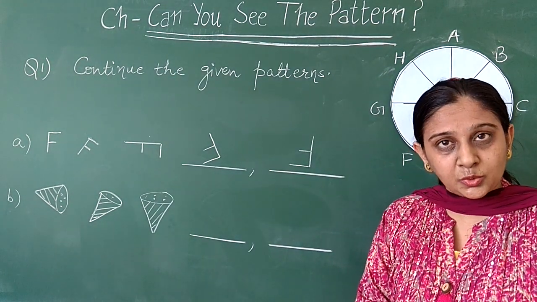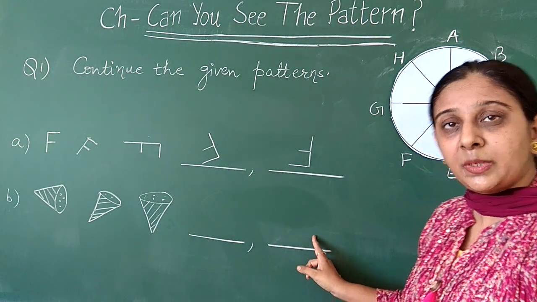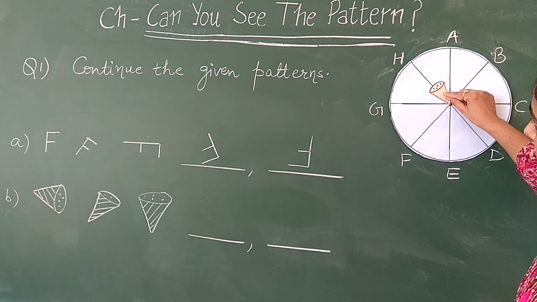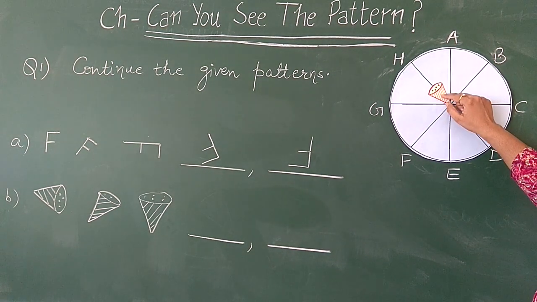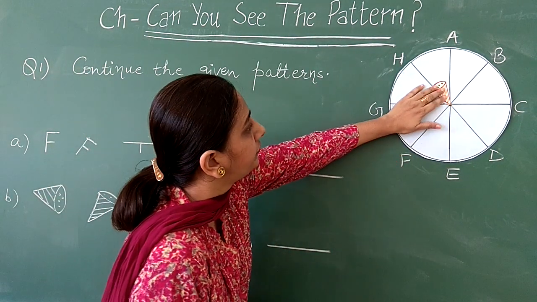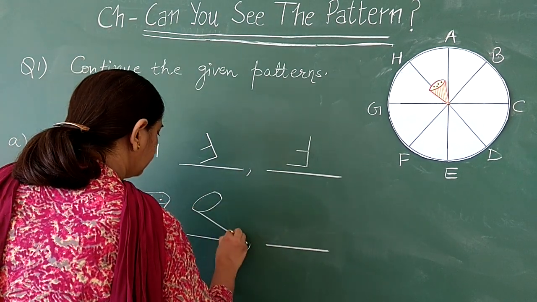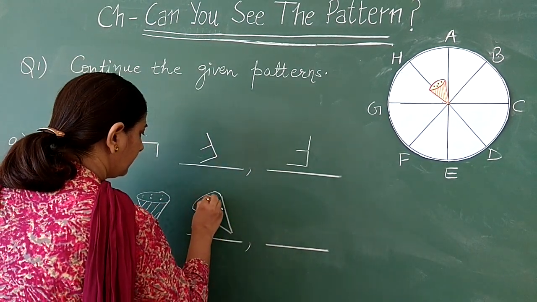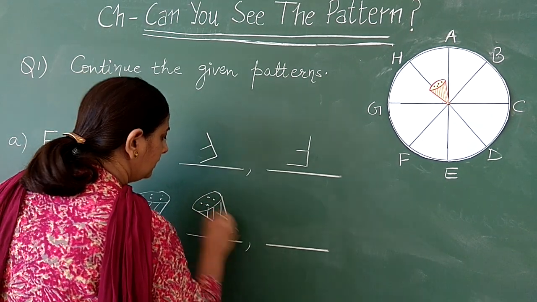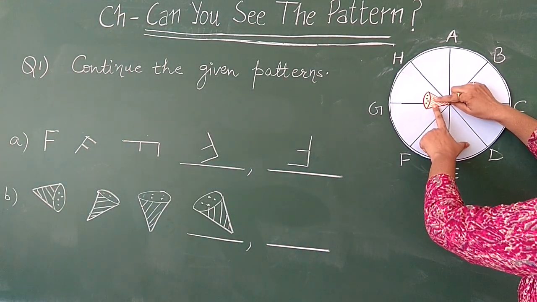So we will use this rule, and with the help of this rule, we will draw the next two terms for this given pattern. If you give 1 by 8th turn in anti-clockwise direction to this ice cream, it will look like this. So we will draw it here now. Now, for the next term, again we will give it 1 by 8th turn in anti-clockwise direction.